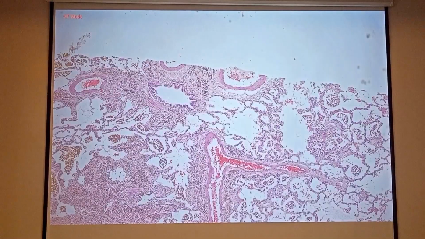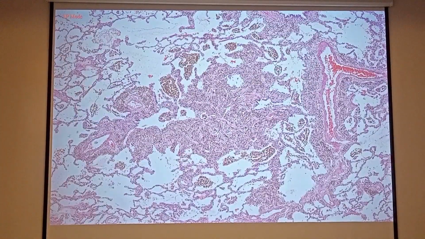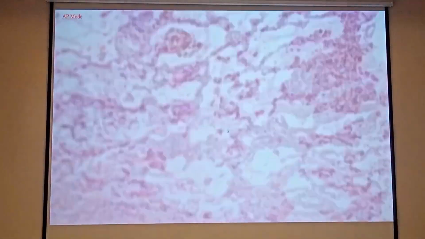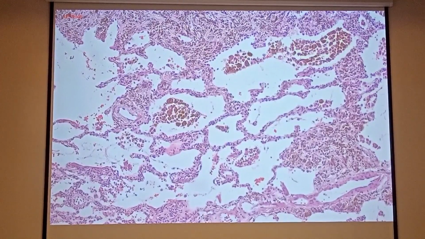Now let's look at this. What do you think is the tissue? Got here your alveolus. Okay, so the alveolus is right here.